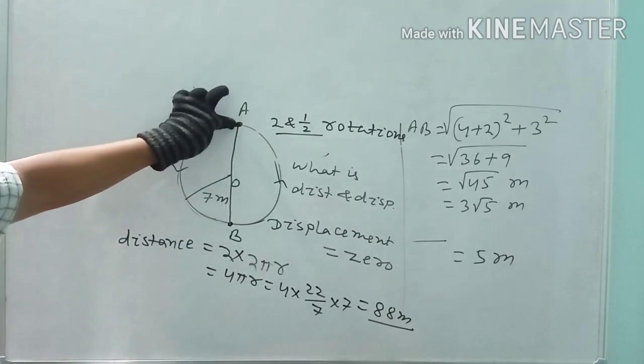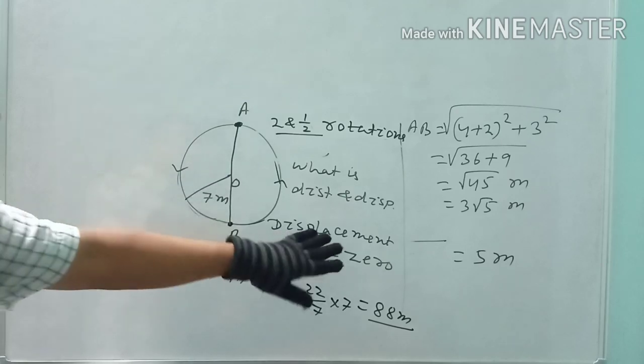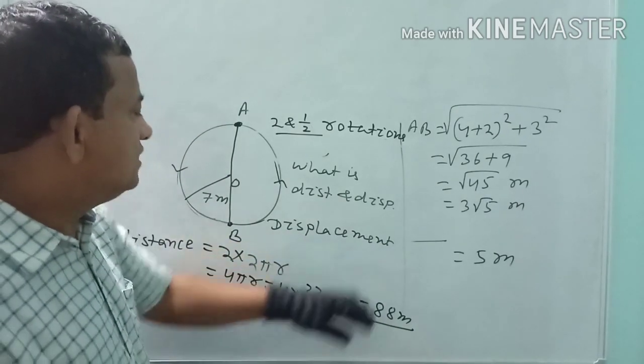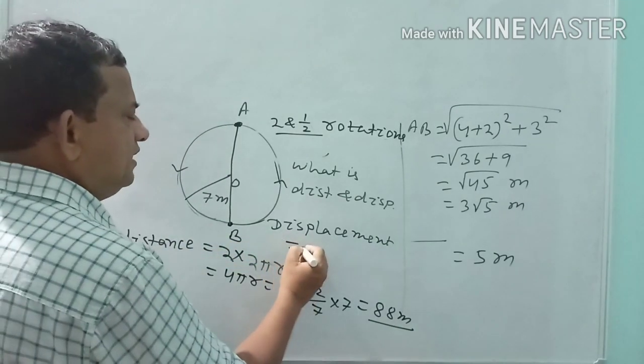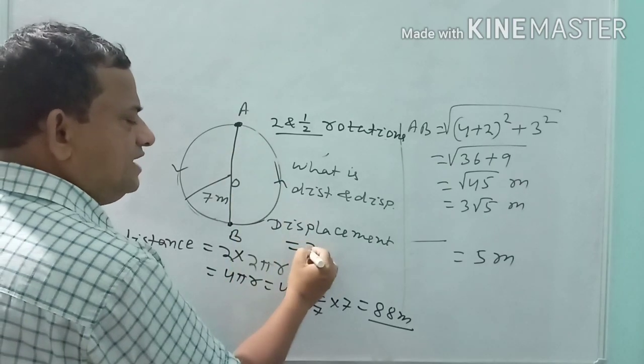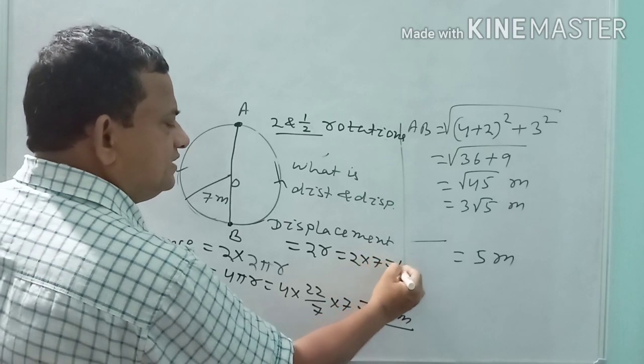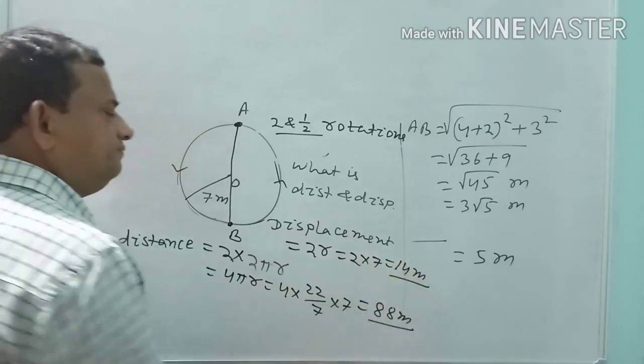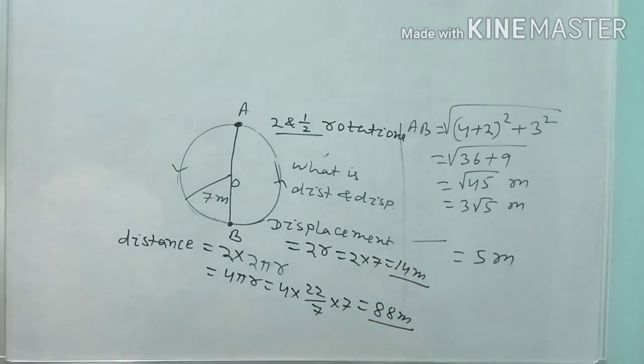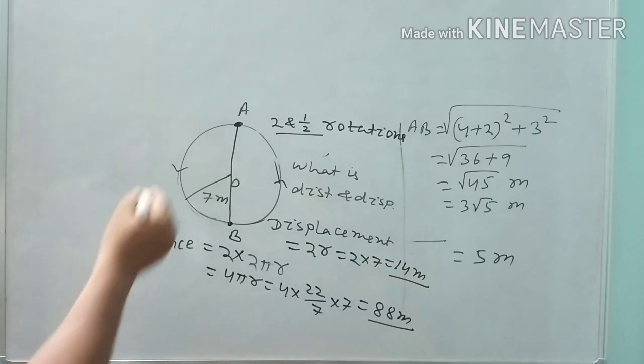This is the shortest between initial and final. So displacement is how much? Here displacement will be the diameter. What is diameter? Twice the radius. 2 into 7, this is 14 meter. You know displacement is the shortest between initial and final. That's why it is 2 into 7.